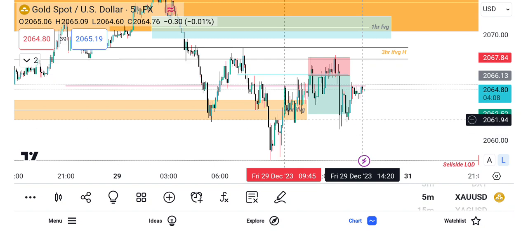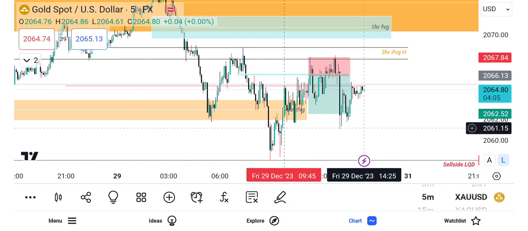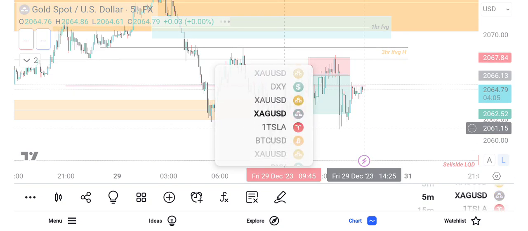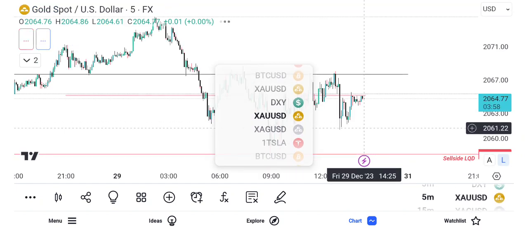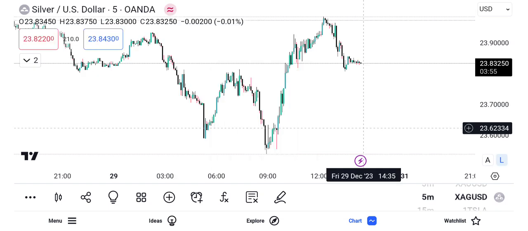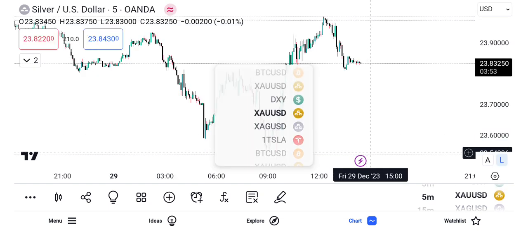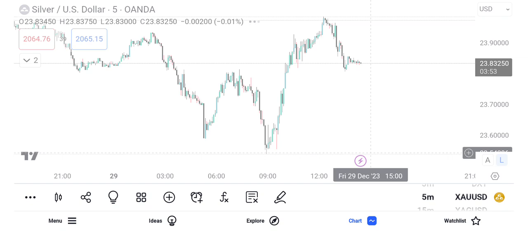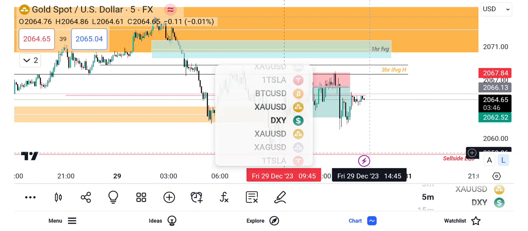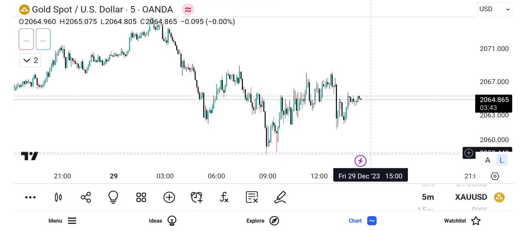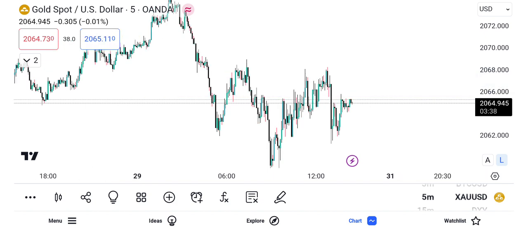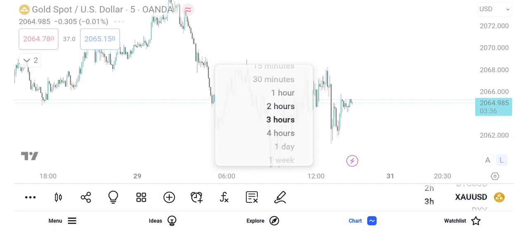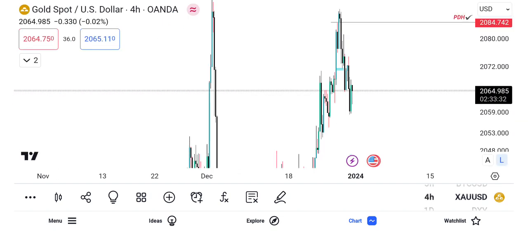Then we had this drop down, but before that I would like us to go to the higher time frame, and on the higher time frames I would like to use another chart, a cleaner chart, the silver, from which we can have our analysis and also tell you what I had seen today, something worthwhile of learning.